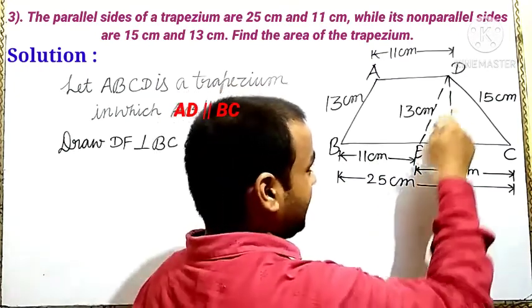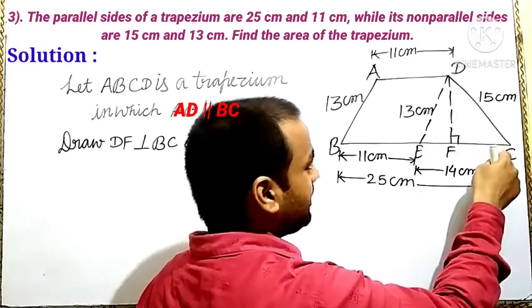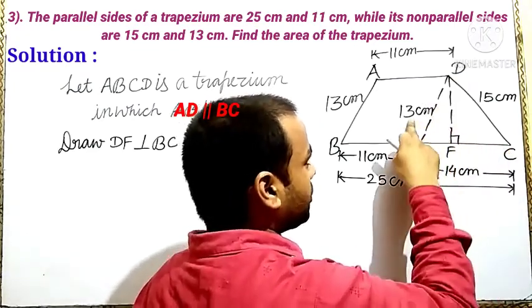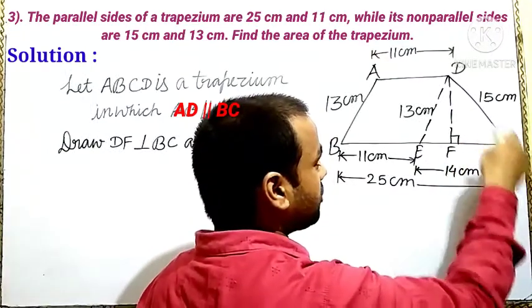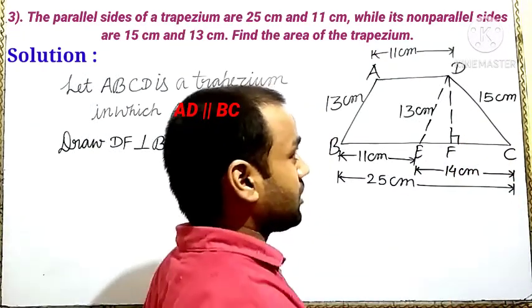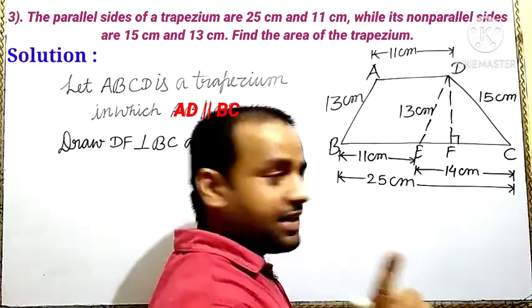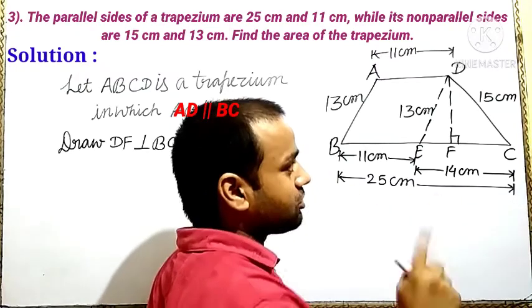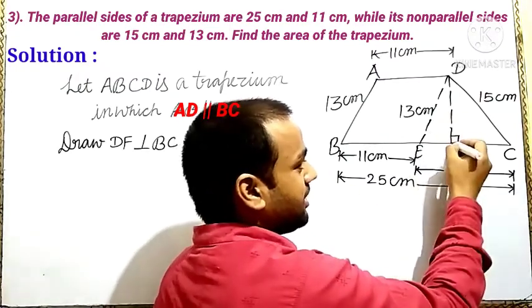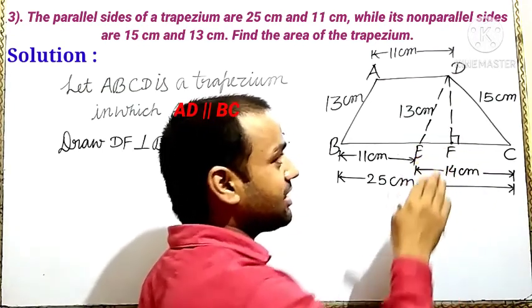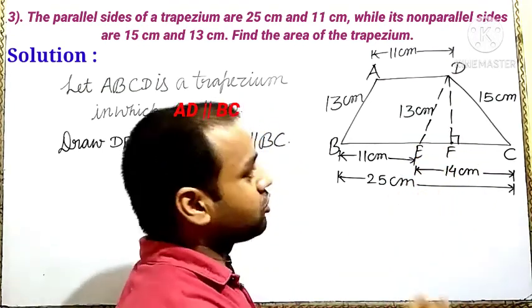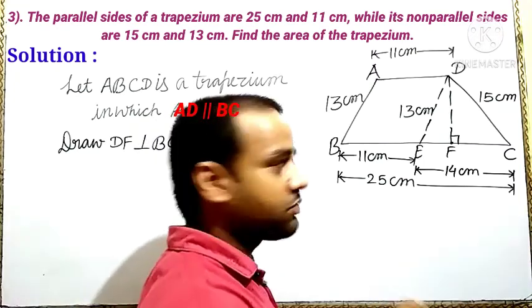So here in triangle DEC, DE is equal to 13 centimeter, EC is equal to 14 centimeter, DC is equal to 15 centimeter. दो ट्रायंगल के केस में एक आइसोसेलस दूसरा इक्विलेटरल ट्रायंगल में हाइट यहाँ मिड पॉइंट का काम करता है. But here this triangle is a scalene triangle, so here we use the Hero's formula.